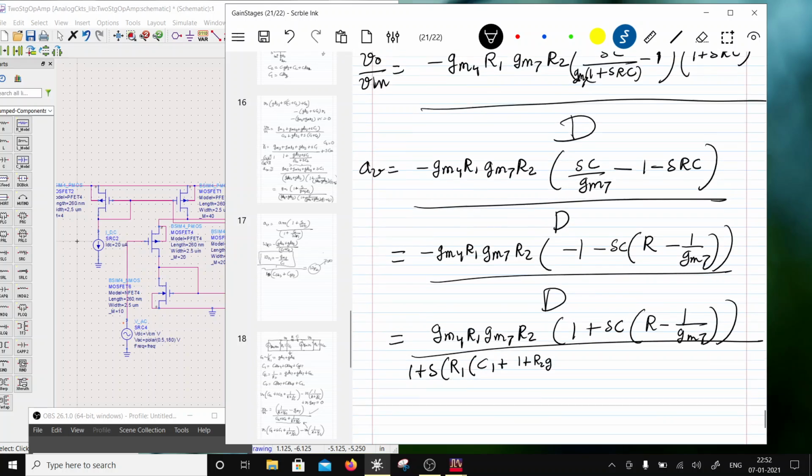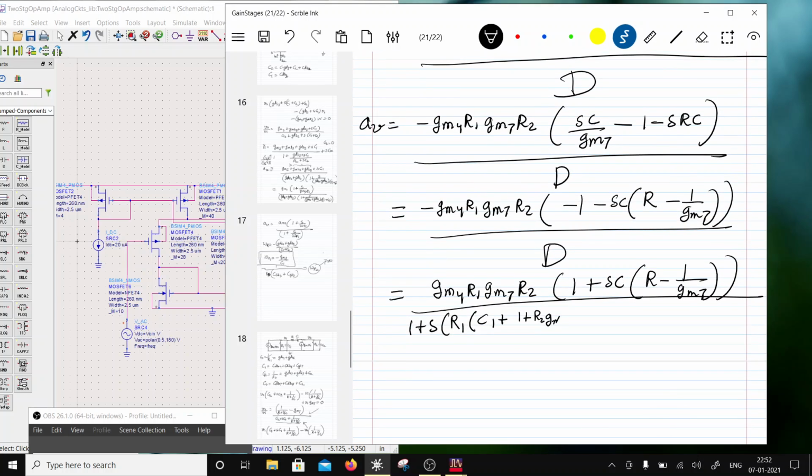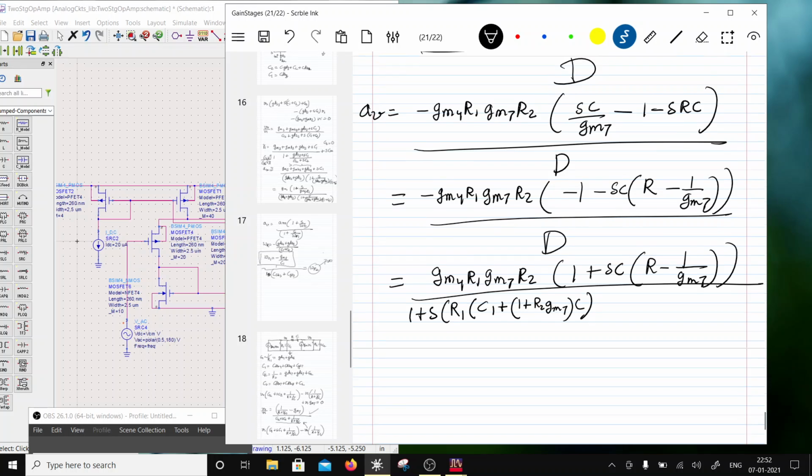No, R2 GM7, sorry. R2 GM7 times of C. Okay, so this is there. So this is the Miller pole due to Miller capacitance C, isn't it?